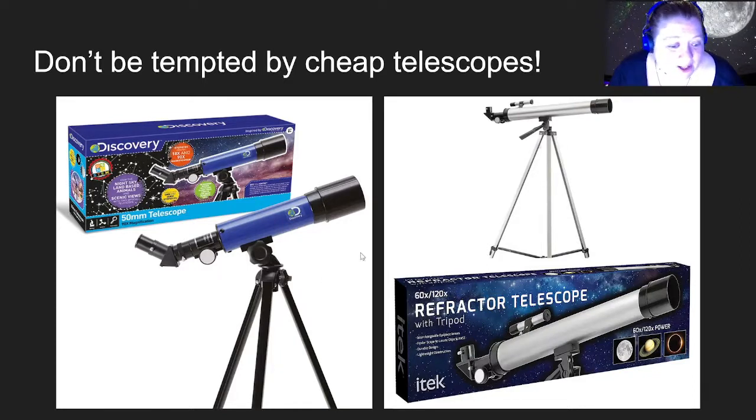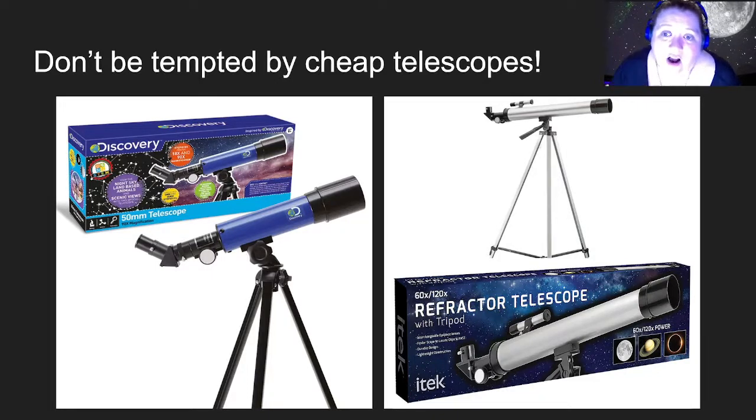I mean, these boxes tend to advertise these fantastic sights through the telescope, but it's a very small aperture telescope. So the best you could do is see craters on the moon, maybe see Jupiter and maybe Saturn's rings, but you're not going to be able to see that much because it's a small telescope.